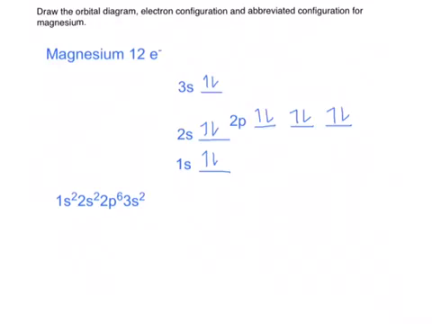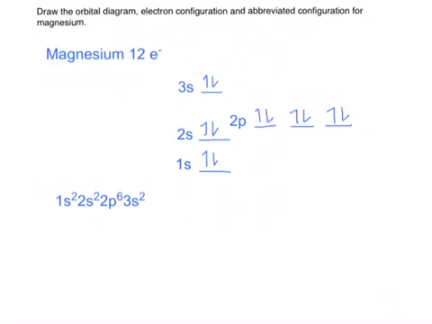Okay, so now let's do the noble gas configuration. In this case, because magnesium has electrons in the 3 energy level, that means that the 1 and the 2 are completely full. And so we're going to condense all of those electrons into the abbreviated configuration. So we need to find the noble gas that has a full 1 and 2 level.